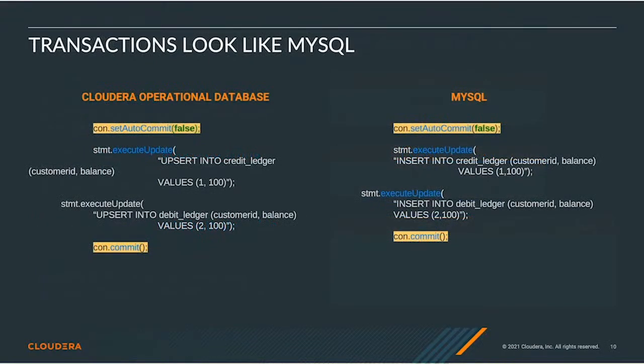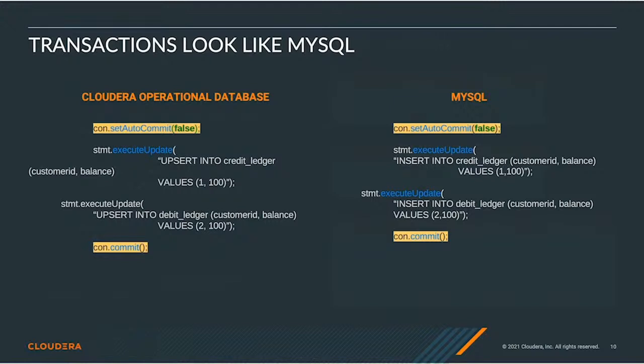And for transactions, if you look at the SQL statements, they're both ANSI standards compliant. We support the upsert statement, MySQL supports inserts, but if you look at the highlighted portions, which are specifically around the transactions, the semantics are exactly the same. If you don't turn off auto commit, every statement is executed atomically on both databases.